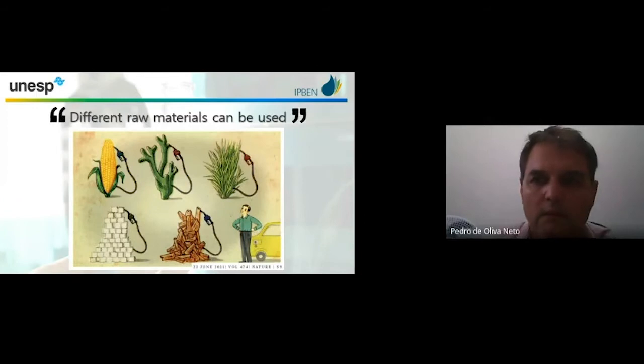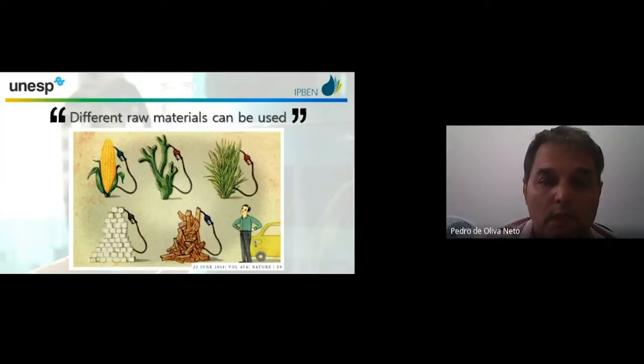And why this subject? Why new feedstocks? Sugarcane and starch, for example, is that enough for ethanol production in Brazil?